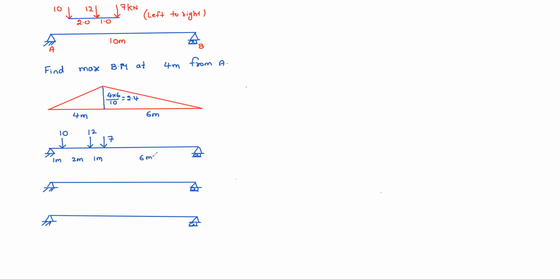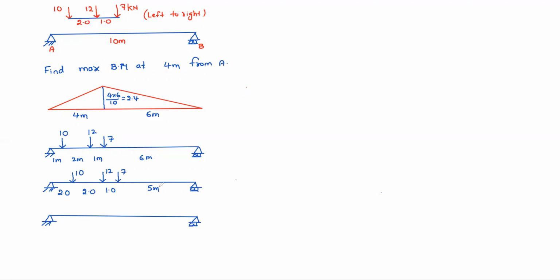This is one loading condition. Another loading condition I will show you. Put this 12 here. That means 7, 1 meter right side. 10 like this. That means here 2 meters gap, then 2 meters, then 1 meter, then 5 meters. This is another loading condition.